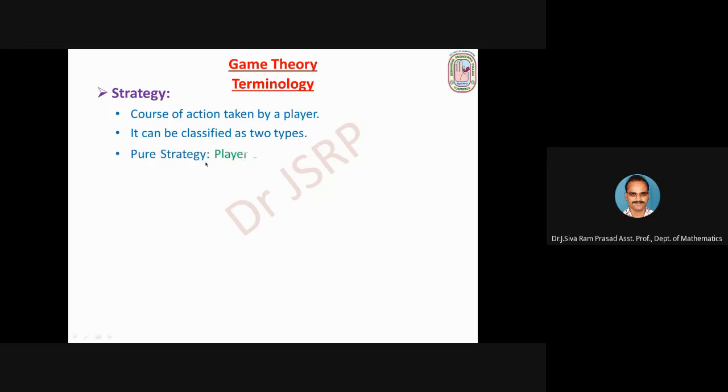First one, pure strategy. That means the player selects a particular strategy with a probability of 1 by ignoring his remaining strategies. If a player selects only one particular choice or strategy by ignoring his remaining choices, then that particular strategy is called a pure strategy.